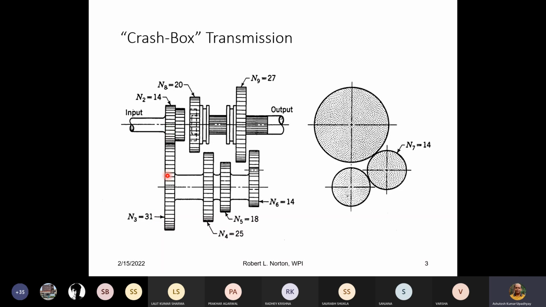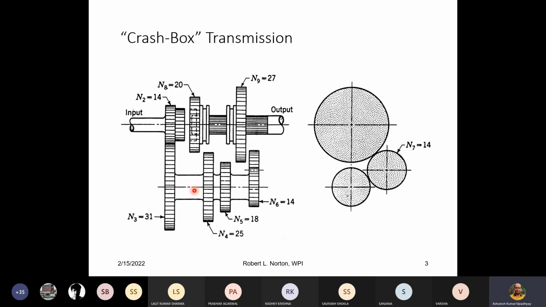Whether you consider this crash box, the old transmission system we are not using now, or the newer ones, they will always be in contact. The last gear, of course, is our reverse gear. During reverse gear engagement, there will be no other engagement between the gears.